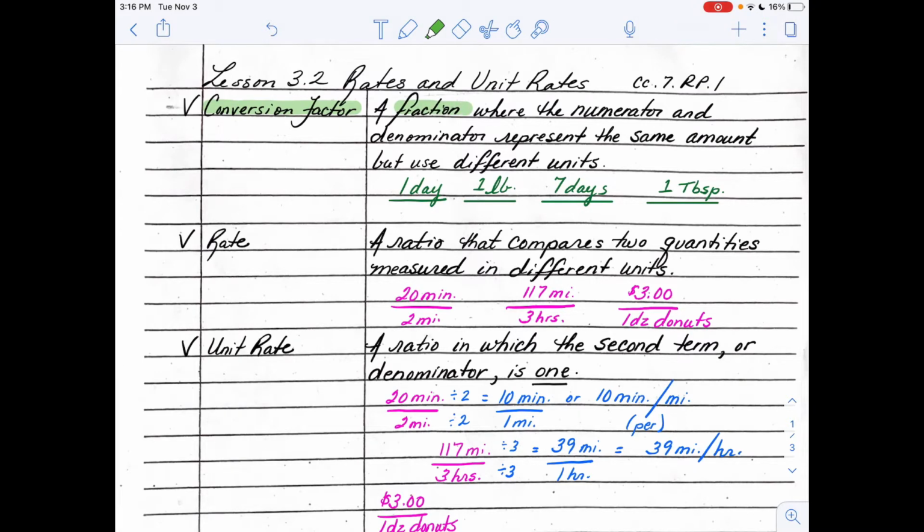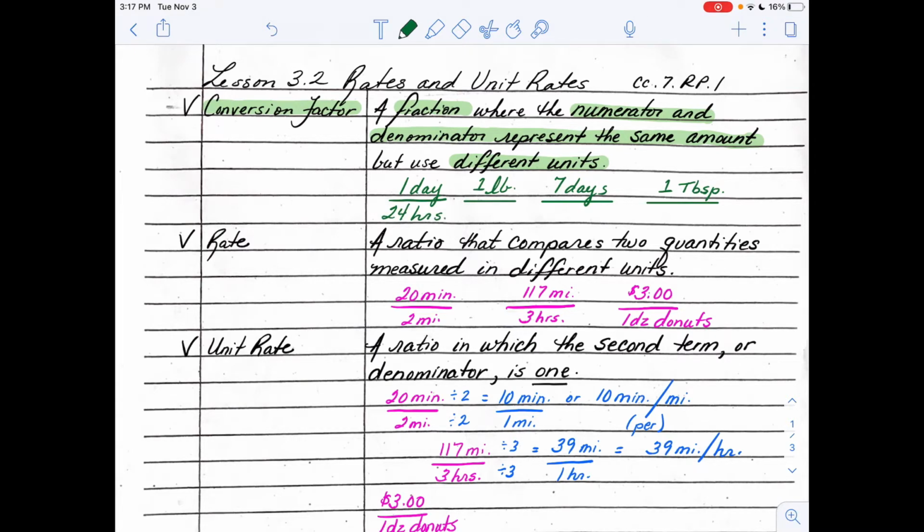These are actually fractions where the numerator and denominator represent the same amount, but they use different units. So if I said something like 1 day, what's another way that would reflect the same thing as 1 day? Hopefully you would tell me 24 hours.